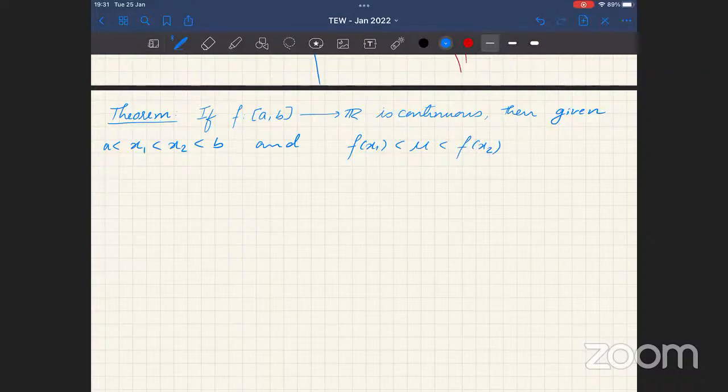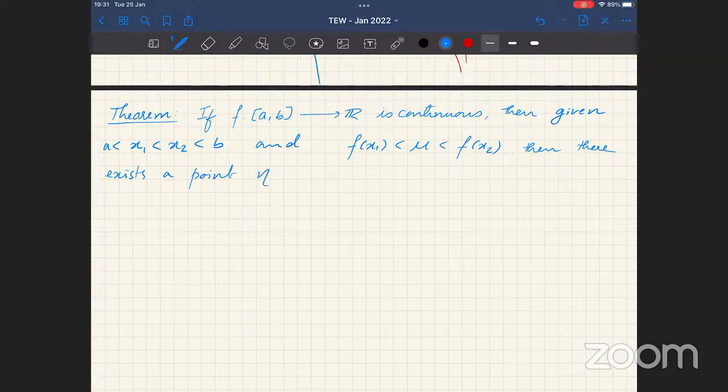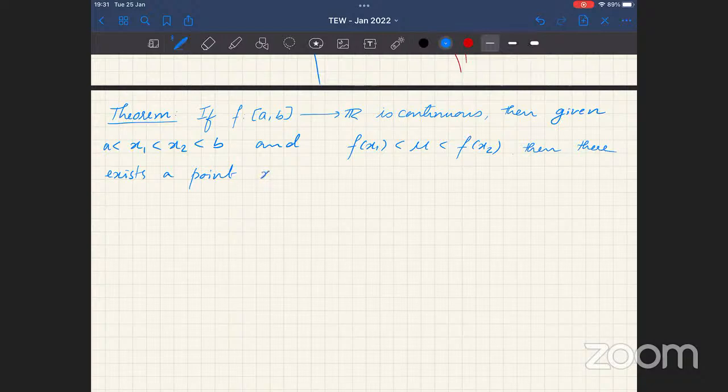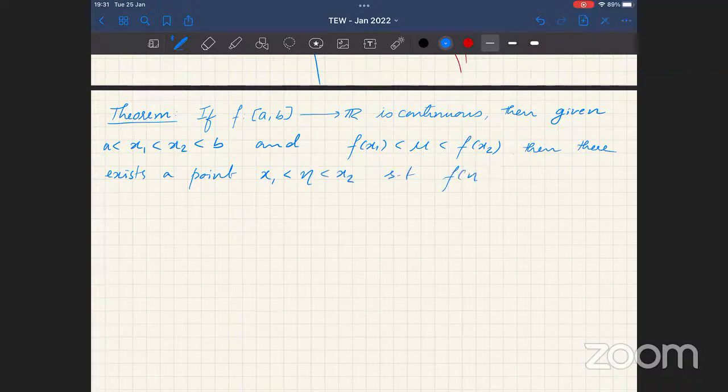There will exist some point xi between x1 and x2. I'm going to write nu because I don't know how to write psi. So there exists a point nu between x1 and x2 such that f of nu is equal to mu.